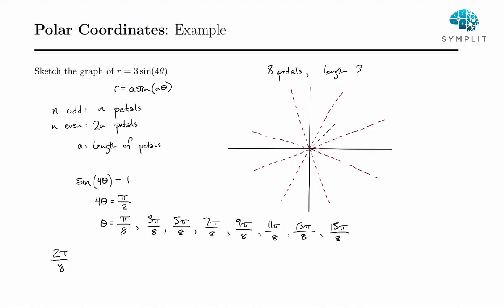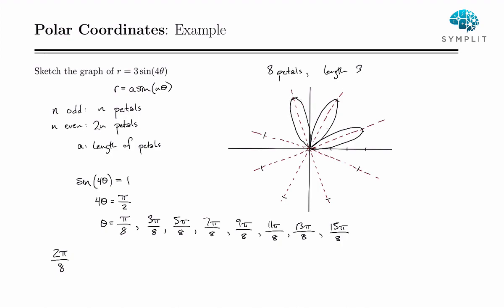So these are going to be the locations of these petals, and this is the part that I'm really bad at, and that's drawing the petals. They have a length of 3, so they come out 1, 2, 3. So they all come out to 3, and so we just draw those petals coming out.